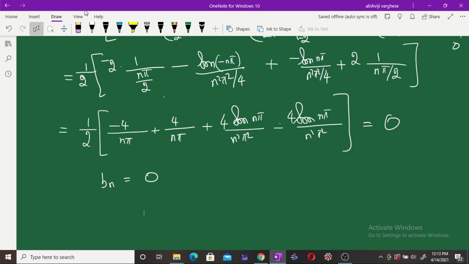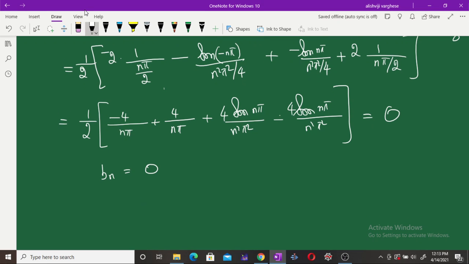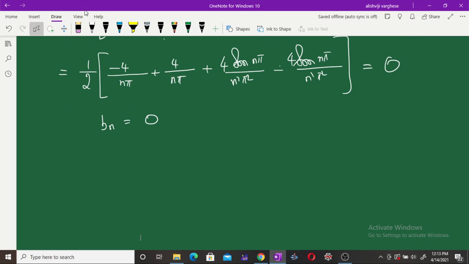So the obtained series is a series which contains only the terms of cosines, and the value of f of x is equal to a naught by 2, that is 2 by 2.